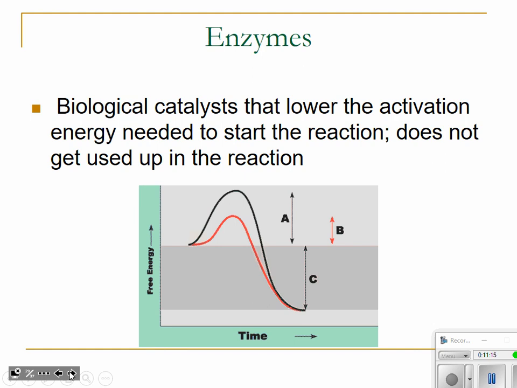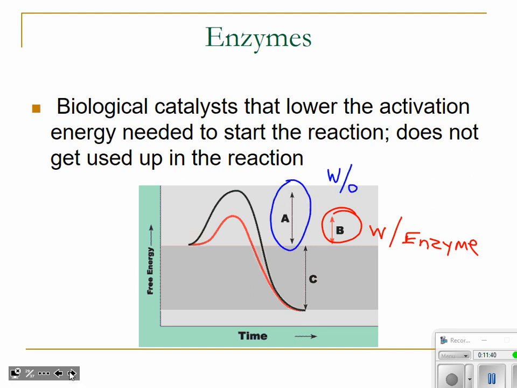Well, the red line there is with a catalyst, with an enzyme. So you might want to jot this down: B1 is the activation energy with the enzyme. A1 is without the enzyme.